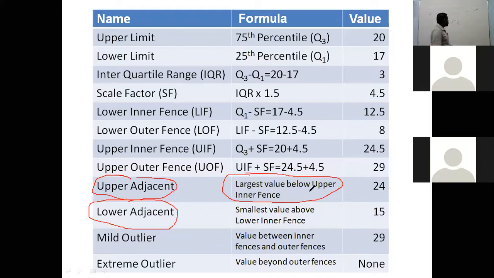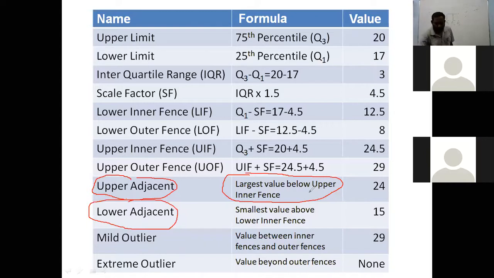So the largest value below the upper inner fence. The value has to be closer to the upper inner fence, right? It should be the largest value below the upper inner fence.